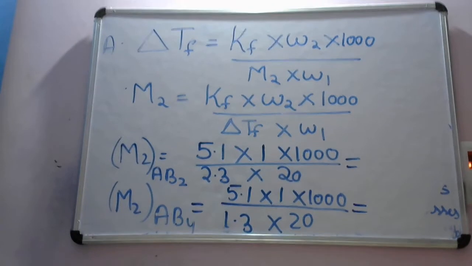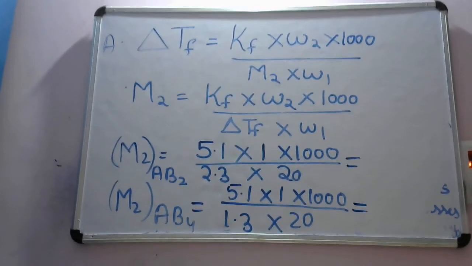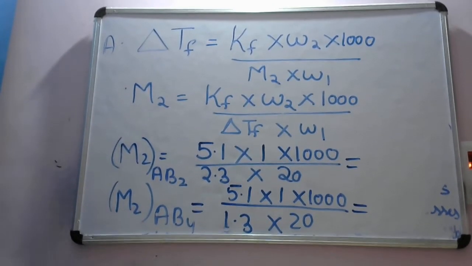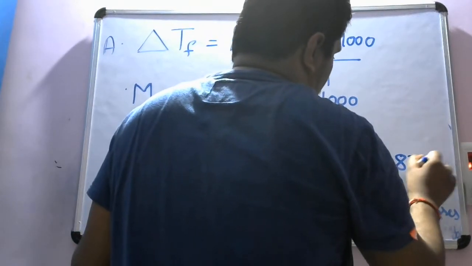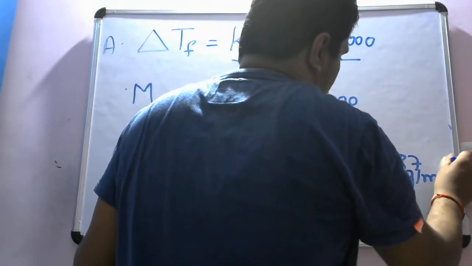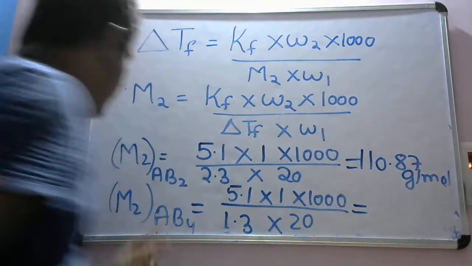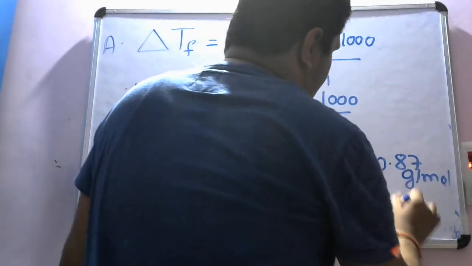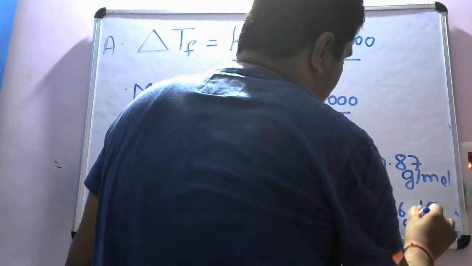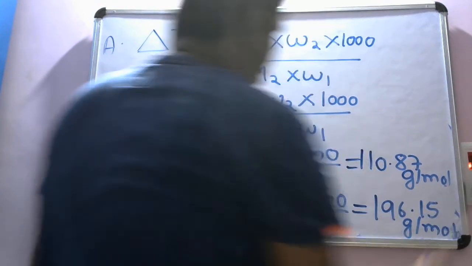When we calculate, we get the molar mass of AB2 to be 110.87 grams per mole, and the molar mass of AB4 to be 196.15 grams per mole.